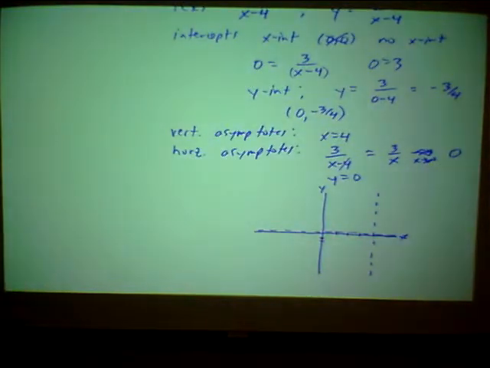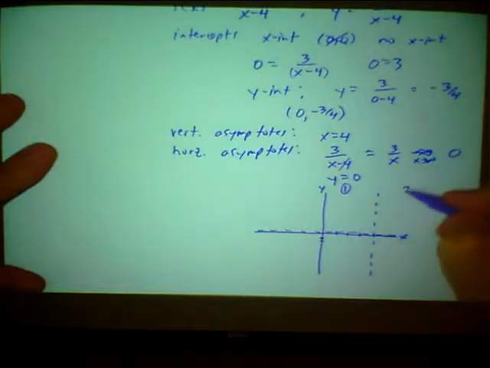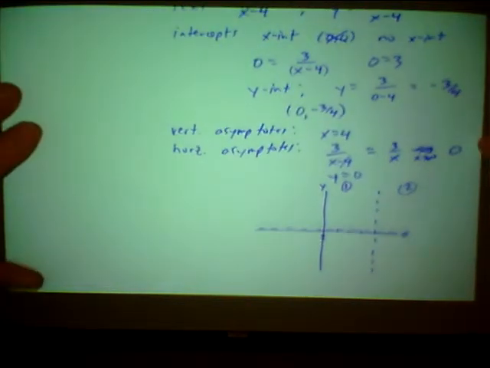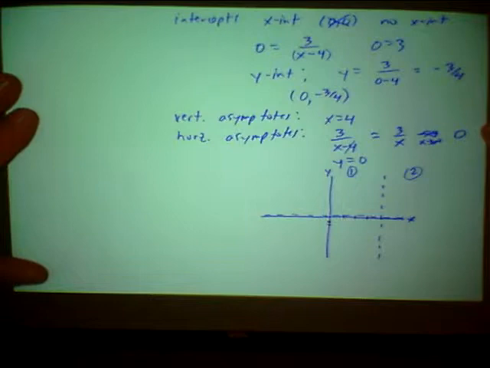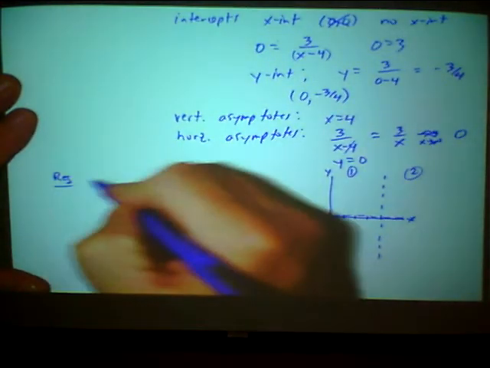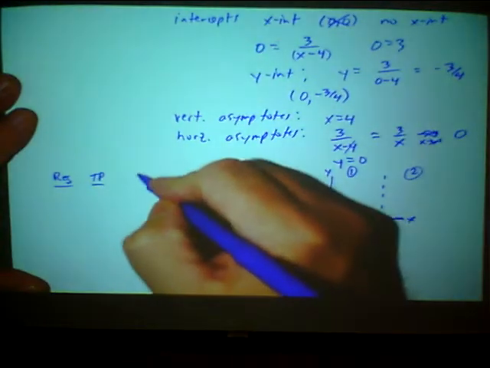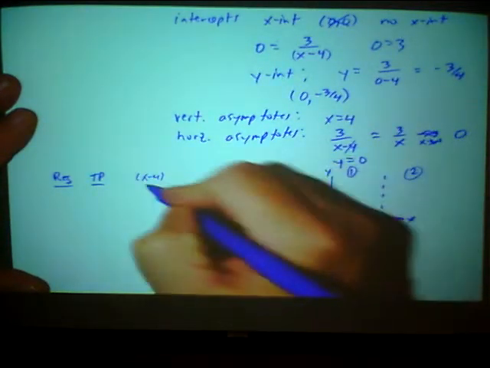But the key is now, let's do our sign chart. The only thing I need for the sign chart is to know the regions. So this vertical asymptote breaks it up into 2 regions. So only 2 regions for this graph. So it's going to be a pretty simple sign chart. Region, test point. I only have actually one factor, x minus 4.